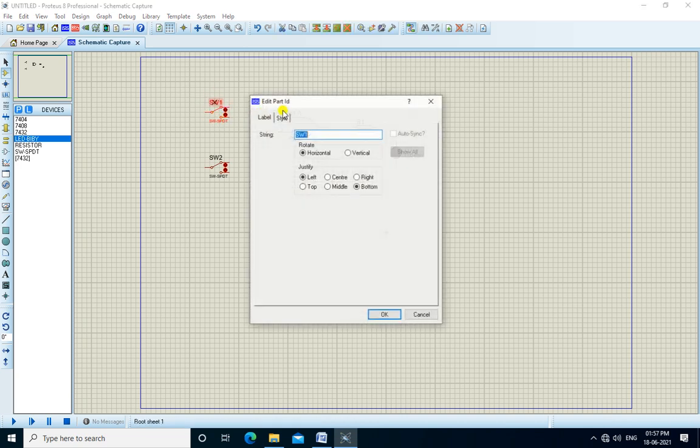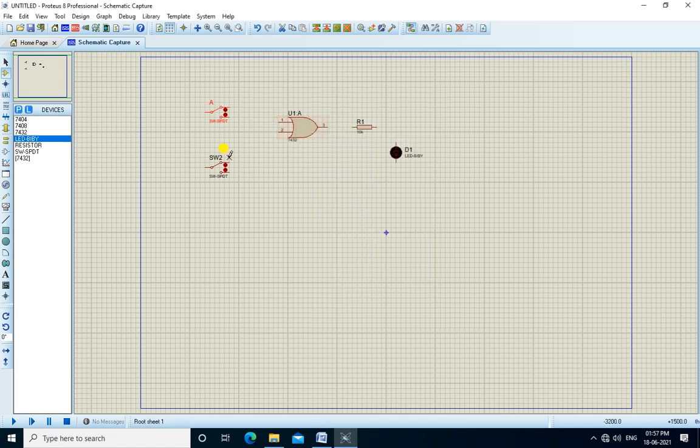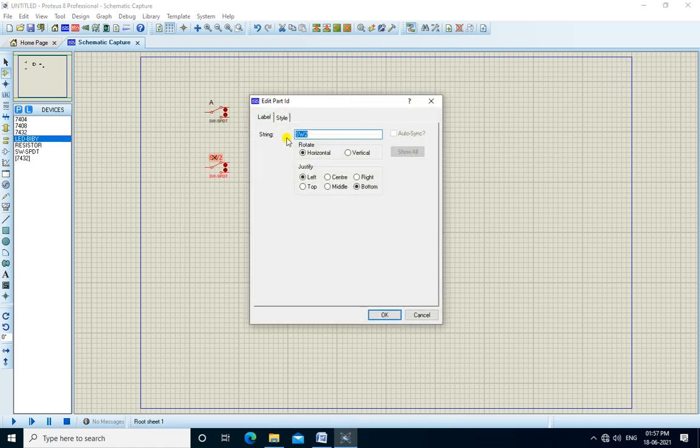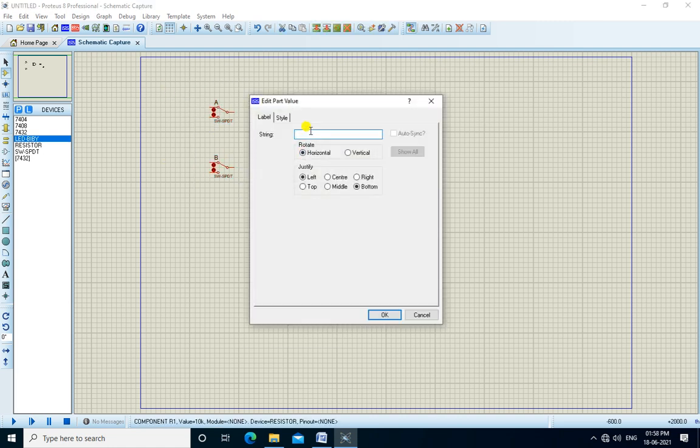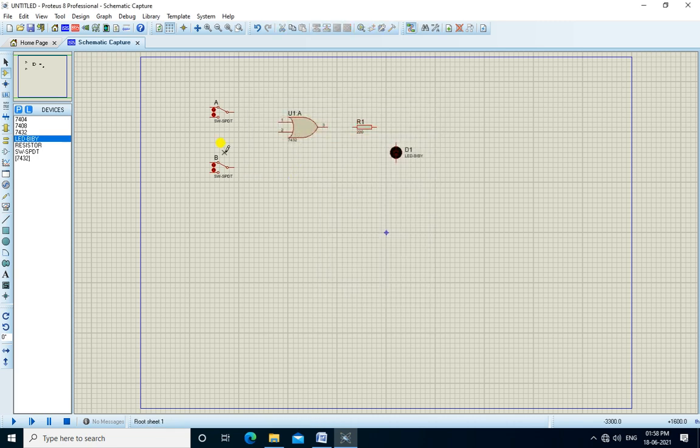We change the name of switch 1 to A and name of switch 2 to B. We flip these two switches. Change the value of this resistor to 220 ohms. Okay, we need the power supply, that is plus VCC and ground. This is the plus VCC and this is ground.